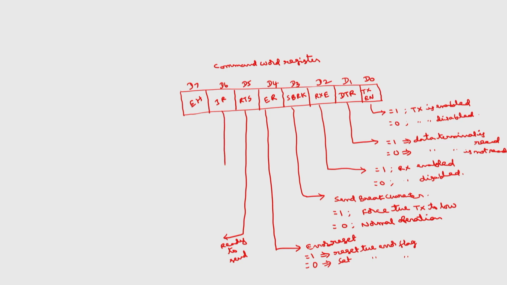RTS equal to 1 is ready for sending, 0 means not ready. And then we have IR, internal reset. 1 means reset, 0 means set.